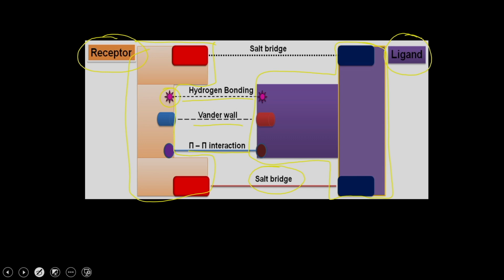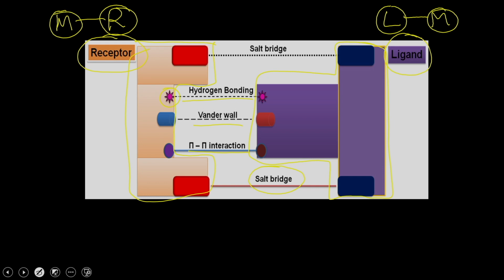Now, if you want to design the affinity chromatography and would like to purify the protein or the analyte of your interest, you have two choices. Either you can use the receptor or the ligand to make the pair with the matrix, which means you can couple the ligand or the receptor to the matrix.